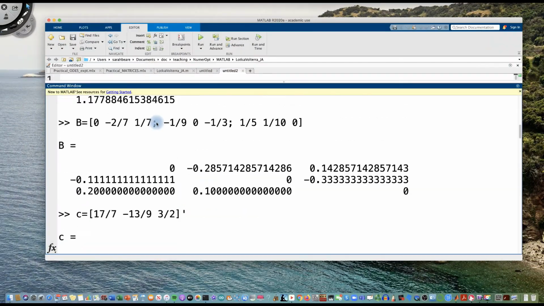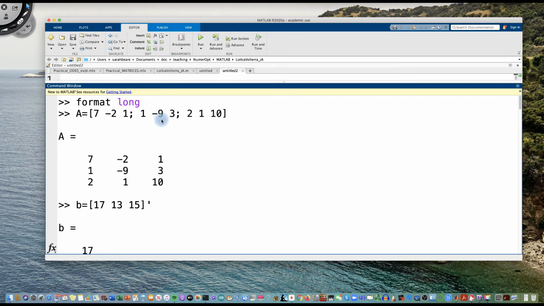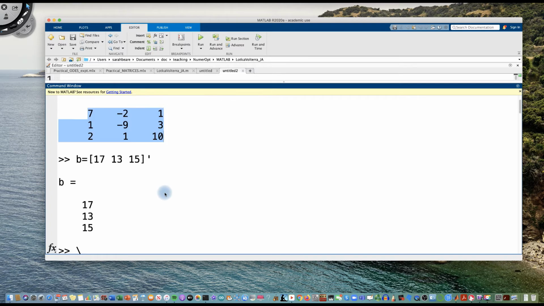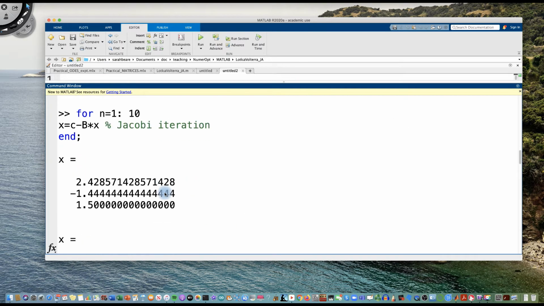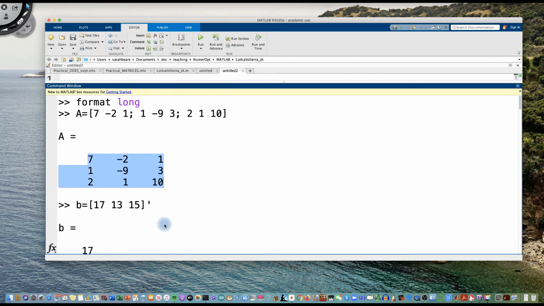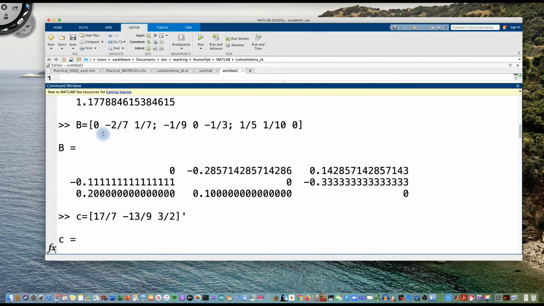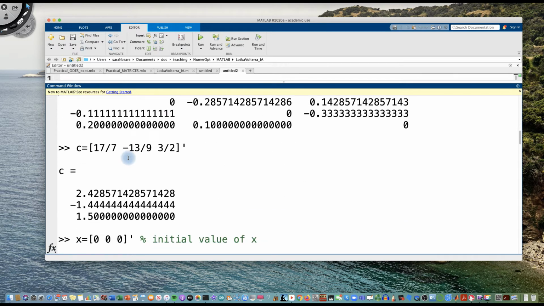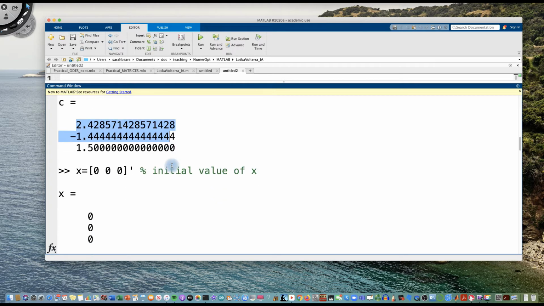Okay, so last time we looked at the Jacobi method and how, when you start with an A matrix like this, AX equals B, you can rewrite it as X equals C minus B times X. So we define a B matrix, do this by simultaneous equations method, and we have a C vector.